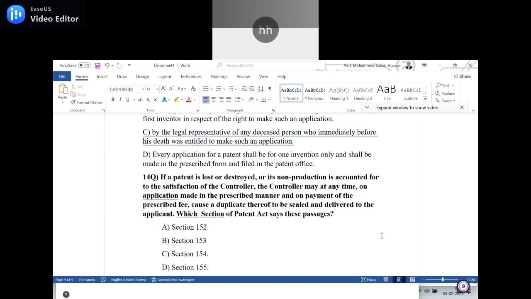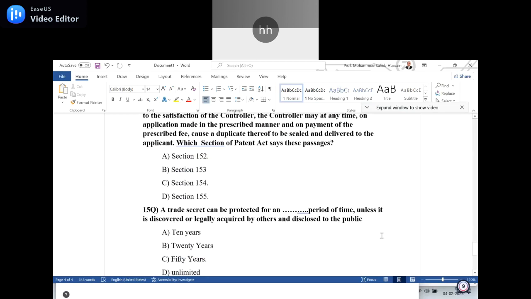Option A, Section 152, option B, Section 153, option C, Section 154, option D, Section 155? Option C, sir, Section 154. Section 154 says if a patent is destroyed or lost, you can apply for a duplicate.